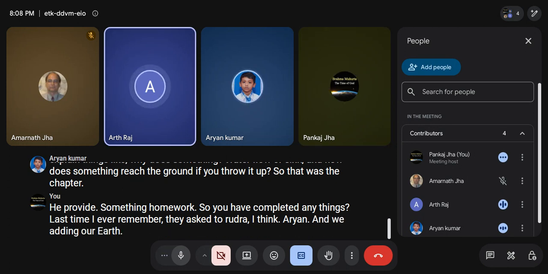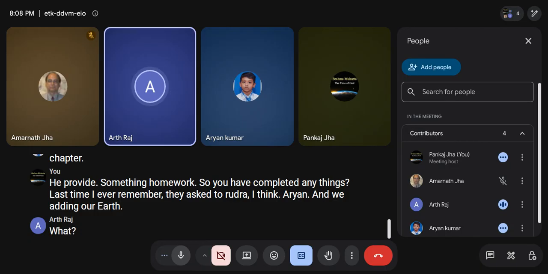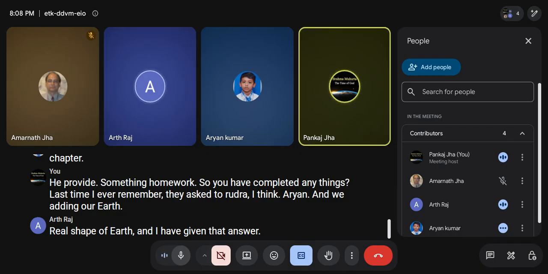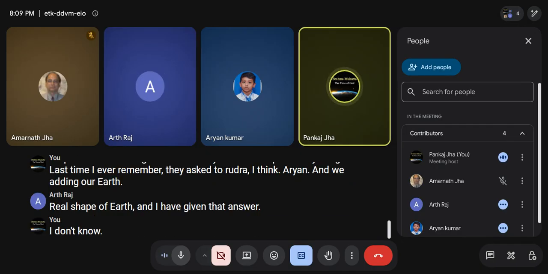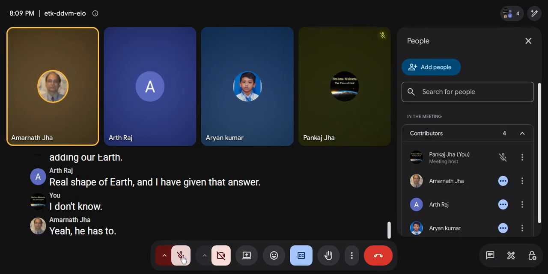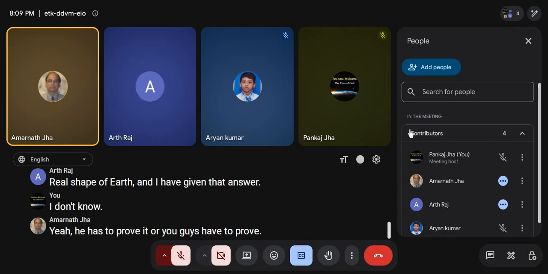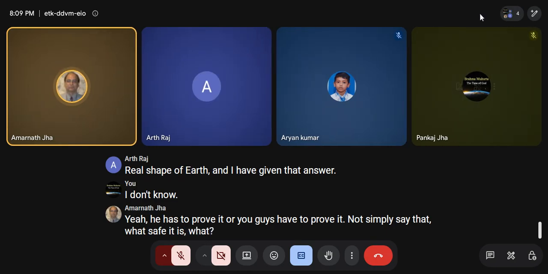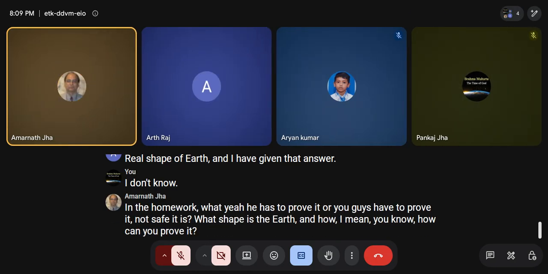Yes, sir. The question was what is the real shape of Earth, and I have given that answer. No, actually, the homework was that you guys have to prove it, not simply say what shape it is. What shape is the Earth and how can you prove it?